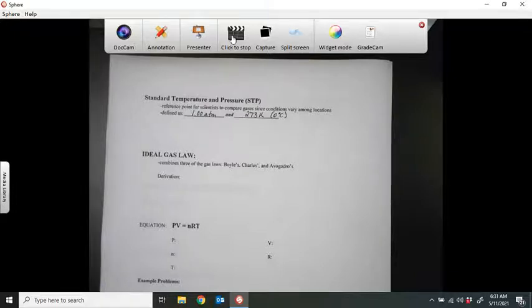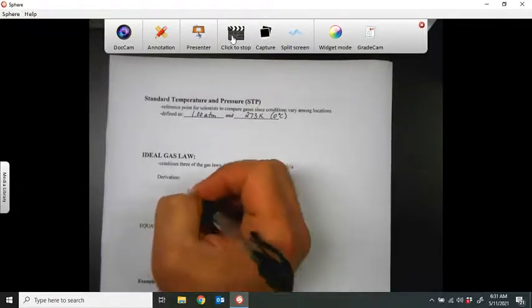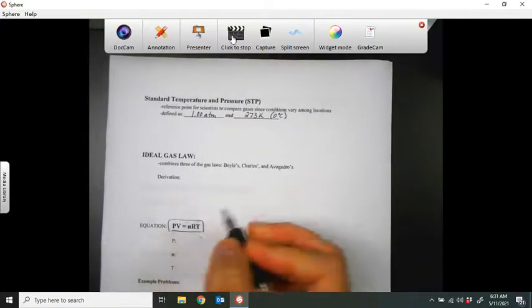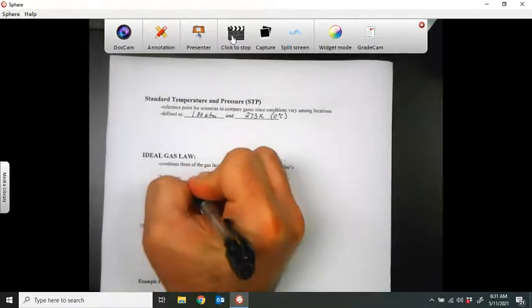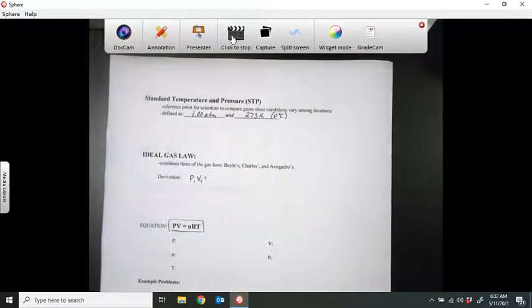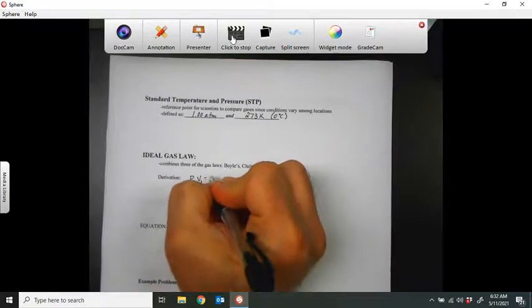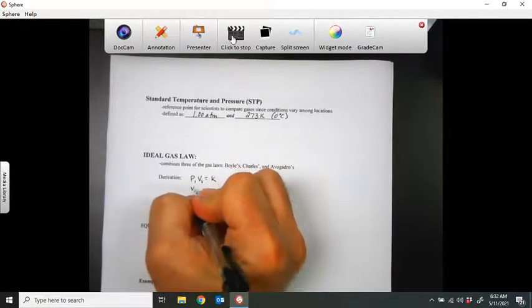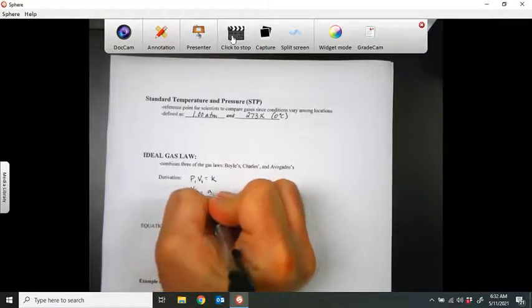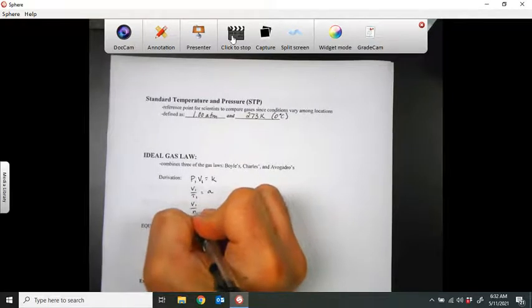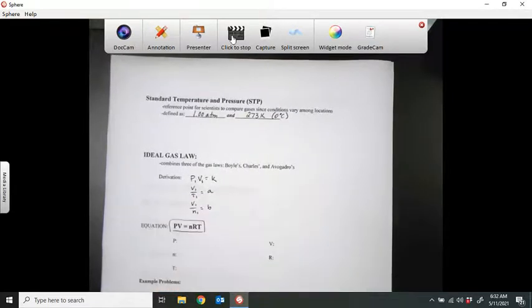So we're really not going to go through the derivation much, other than this is the equation right here. And it's a combination of Boyle's, which means that pressure and volume is some kind of constant. Charles, V1 over T1, is another constant. And Avogadro's, which is V1 over N1, is another constant.